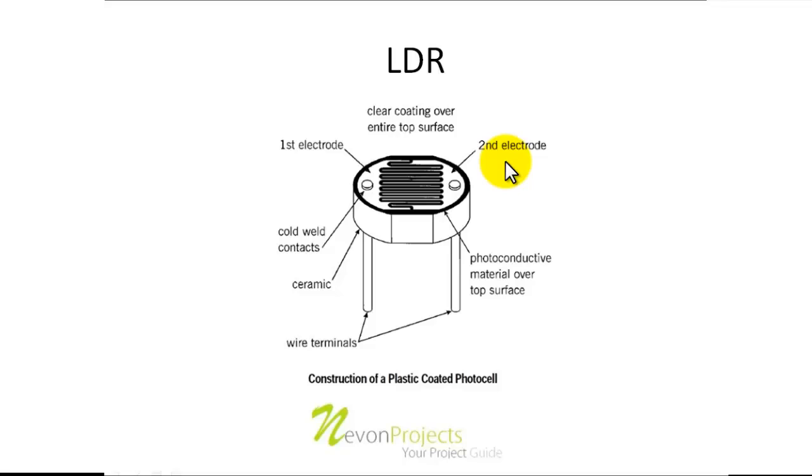So suppose the resistance between these two terminals were 1K, and now more light is incident upon it, that means more photons and more excited free electrons, more freely moving electrons, that means lesser resistance, and due to this the light dependent resistor behaves as it does.